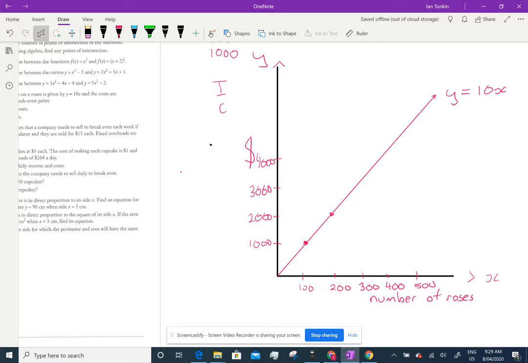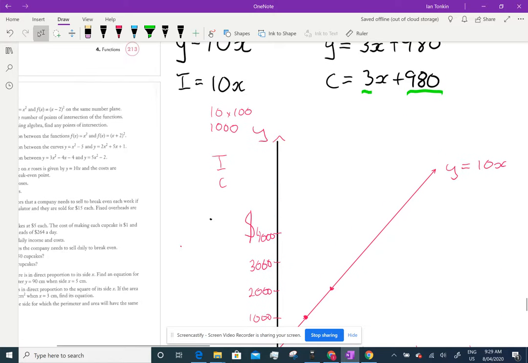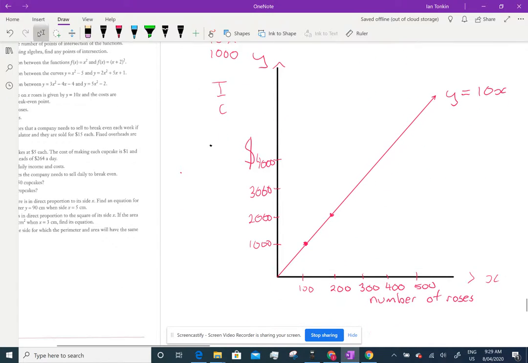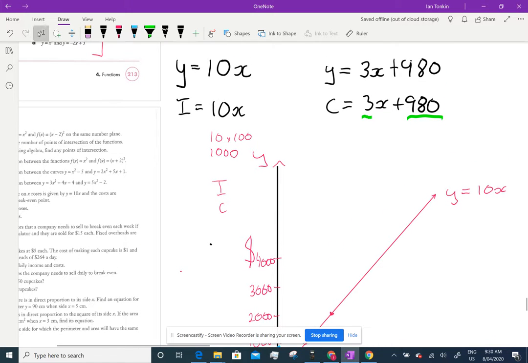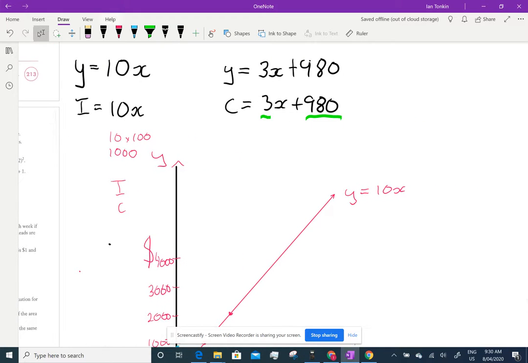Now, my costs are 980. So I'm going to have a little guess. 980 there. And to work out these costs, I'm going to have to plot some points. Now, I only need to plot one. So let's find out if I sell 100 roses.